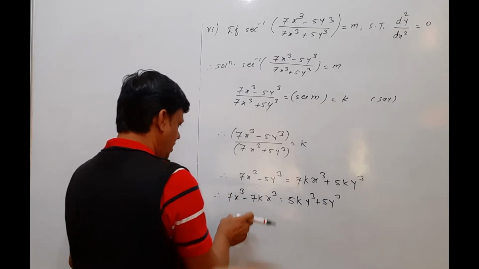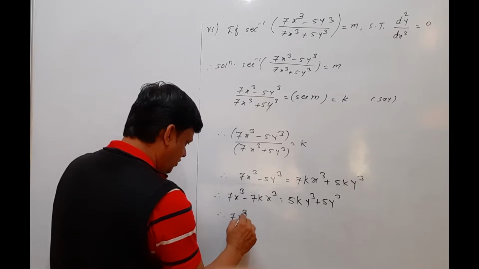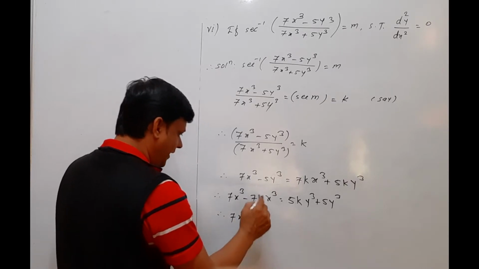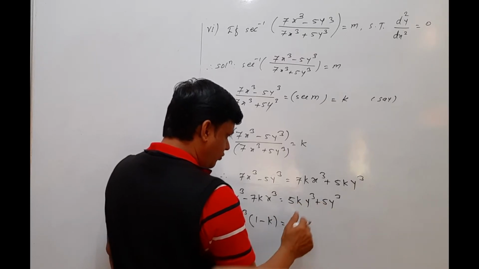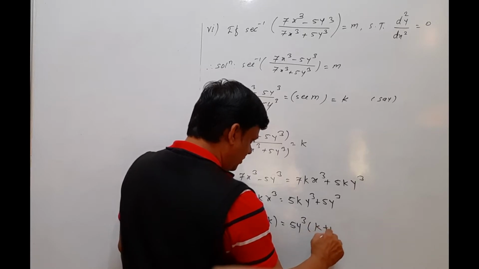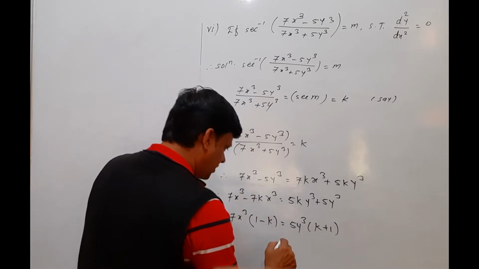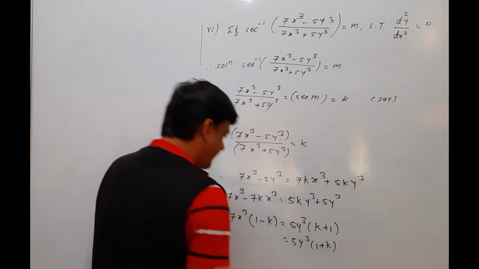So here we take 7x cube common. So write here 7x cube in bracket 1 minus k, and here we write 5y cube common. So write 5y cube in bracket 1 plus k.